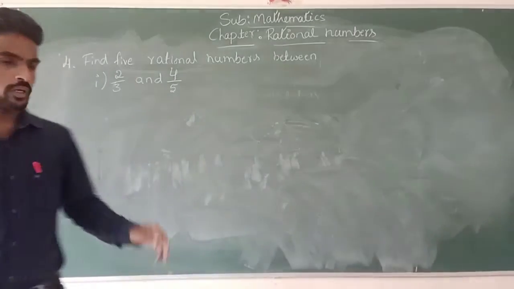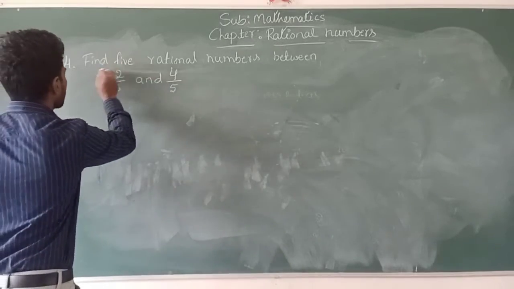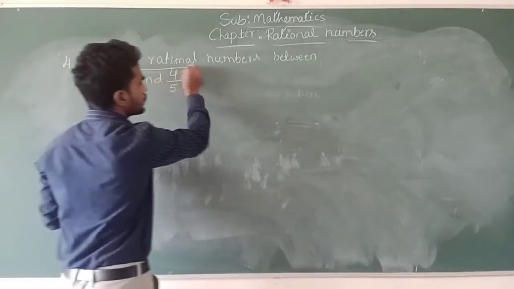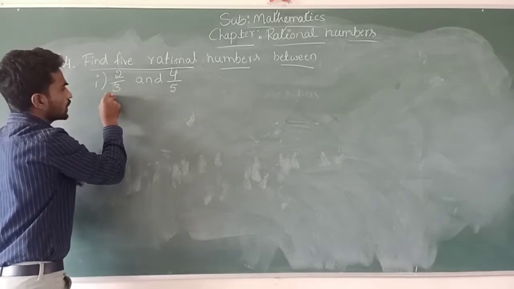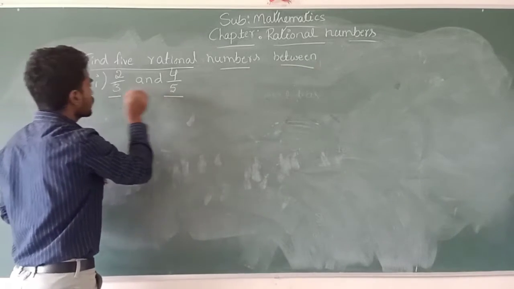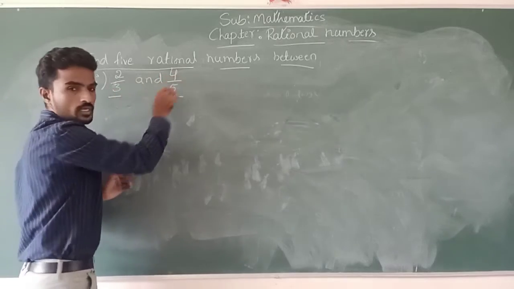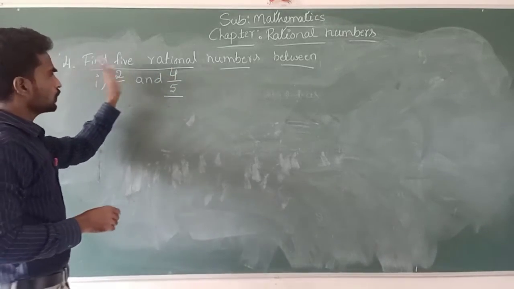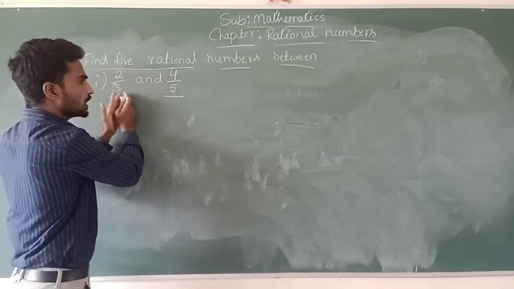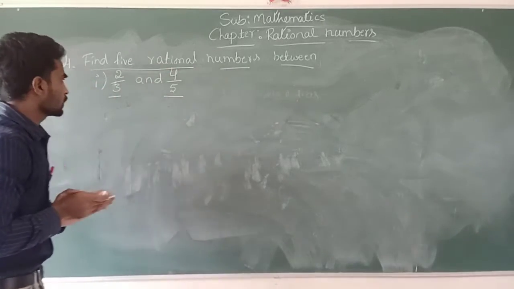Now going to the next question. In that they are asking to find 5 rational numbers between, in sub-question 1, the 2 rational numbers 2 by 3 and 4 by 5. We can write 5 rational numbers in between 2 by 3 and 4 by 5.